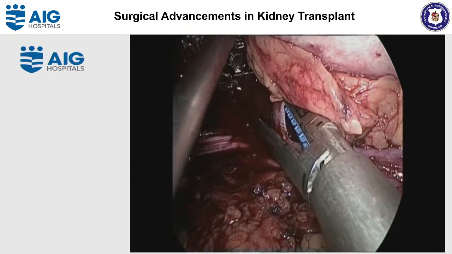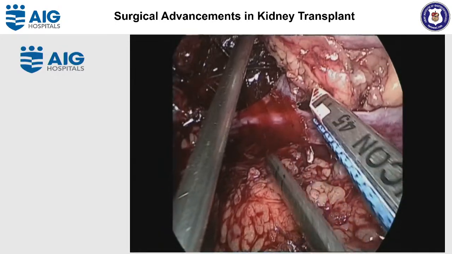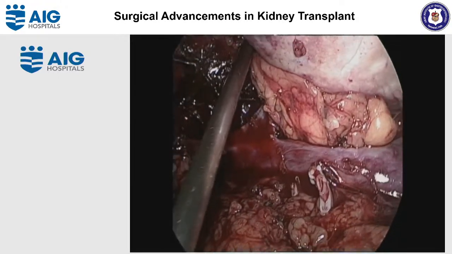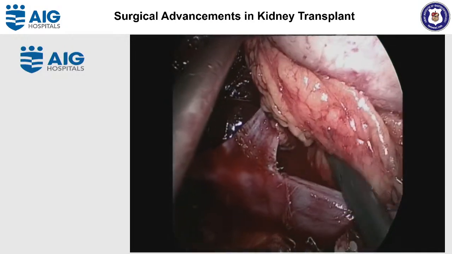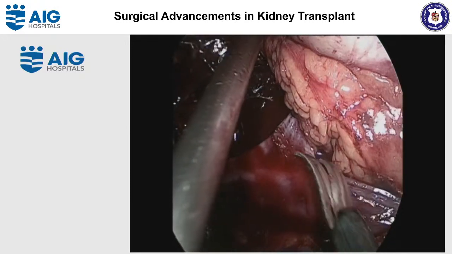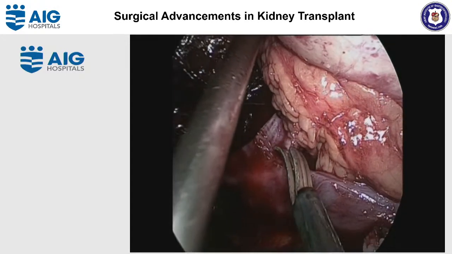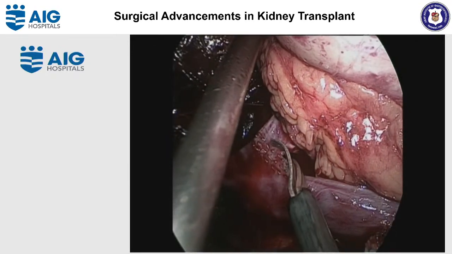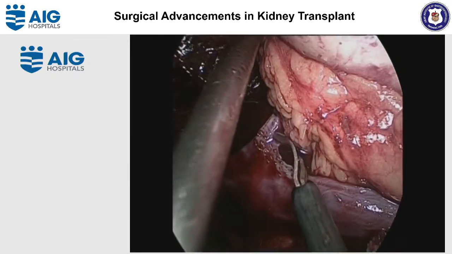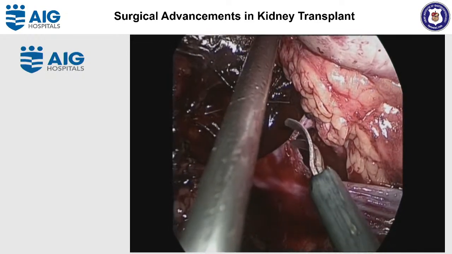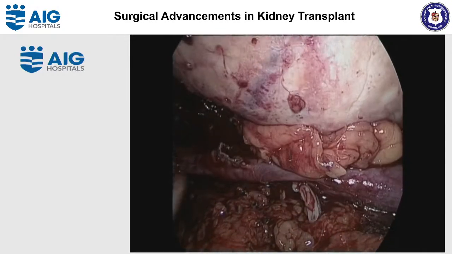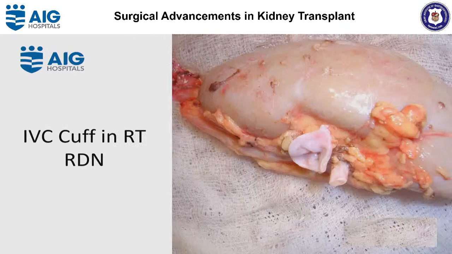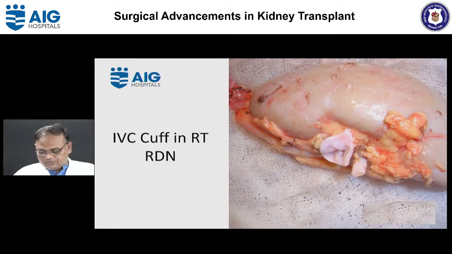For this we need a little more dissection of the inferior vena cava so that it can be tented, and most of the time we do get a cuff, although at times we may not get one, and at times we get an incomplete cuff. This is what is desirable. You can see the inferior vena cava cuff in the right donor nephrectomy.